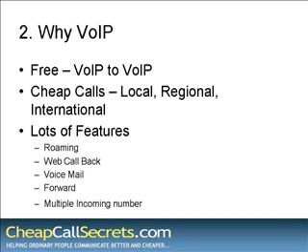So that's the other interesting feature of VoIP. There are a lot of other features, and I'm probably going to cover them in more detail in another presentation that's specific about VoIP features.